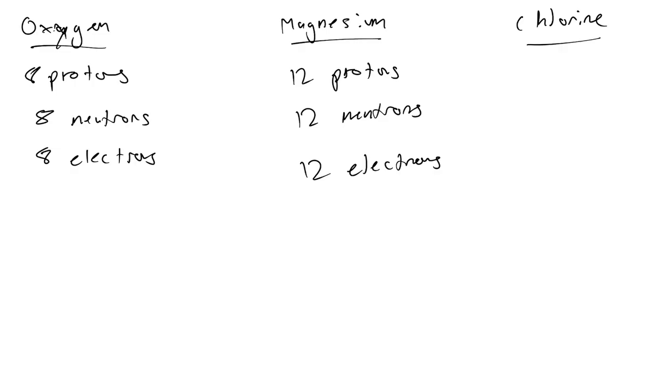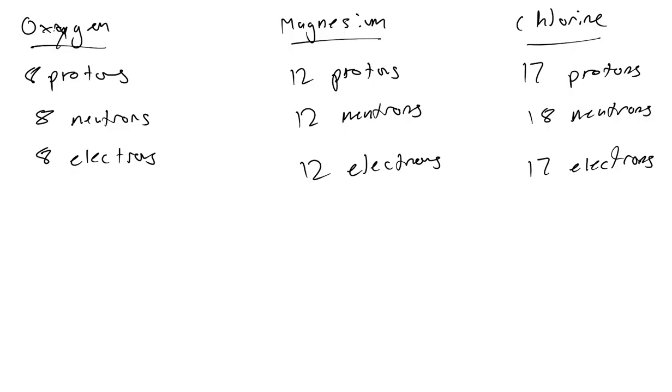Chlorine has an atomic number of 17, so it has 17 protons. It has an atomic mass of 35, which means that it has 18 neutrons. And then, since it's a neutral atom, it also has 17 electrons.